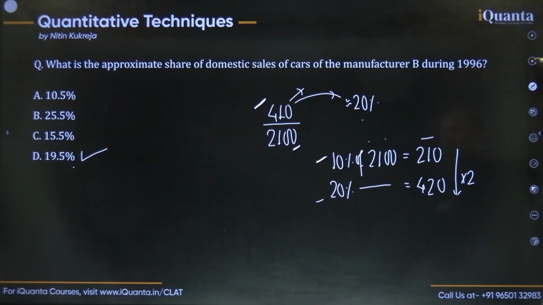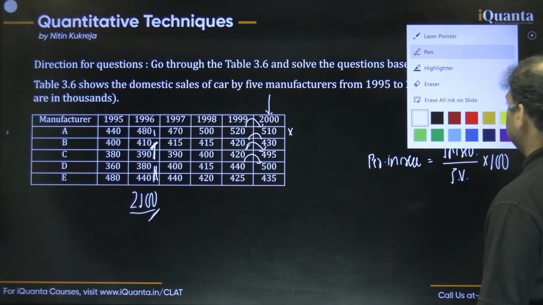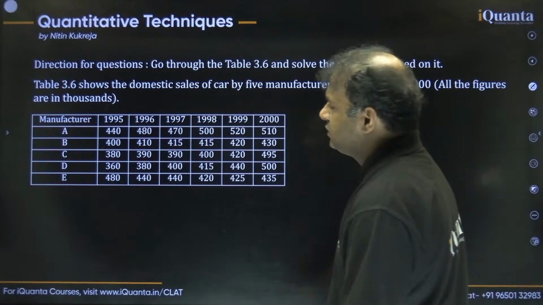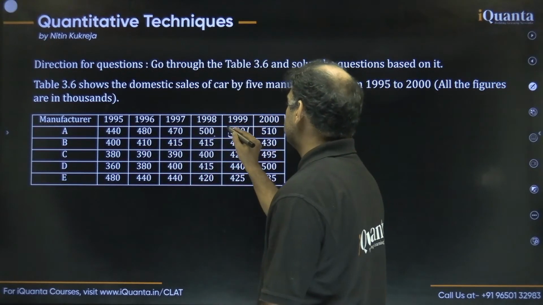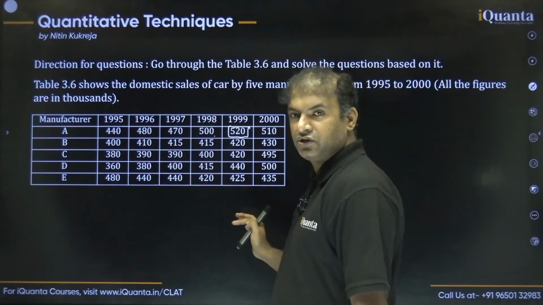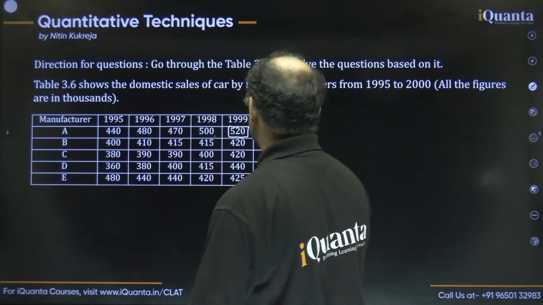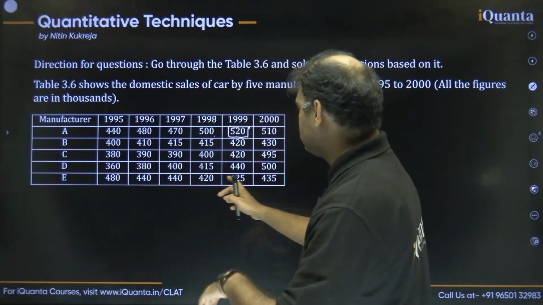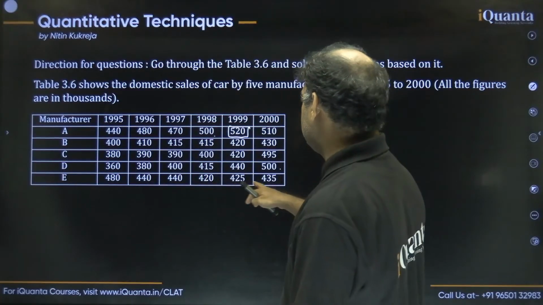So you see, guys, in this whole table, where do we see the highest sales? The highest sales you see so far is 500, 520. This looks like the highest sales, with manufacturer A. In manufacturer B, there is no 500 so far. In manufacturer C, no 500. In manufacturer D, 500 is there, but 520 is still the highest. With manufacturer E, there is no 500.